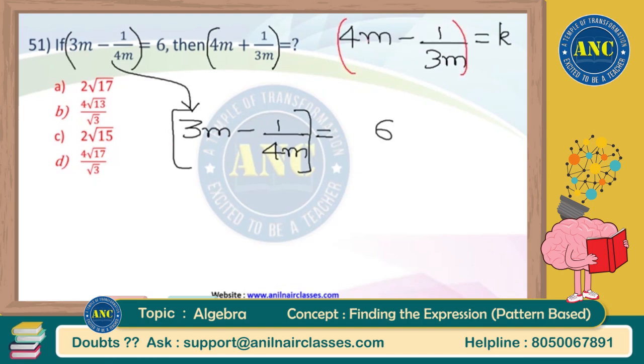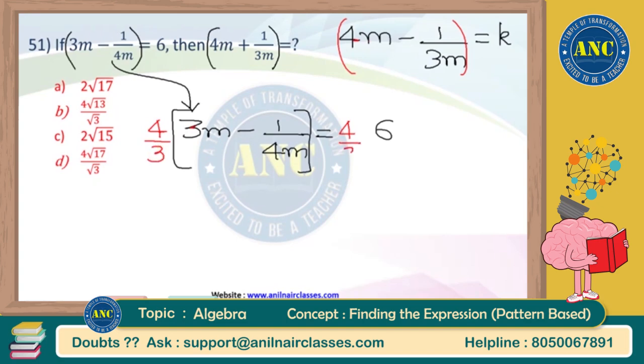So that means for m the coefficient should be 4. So multiply the entire left hand side by 4. If you are multiplying the left hand side by 4, multiply the right hand side also by 4. And the coefficient of m should only be 4. This 3 should not be there. If I want to cancel that 3, then divide by 3.